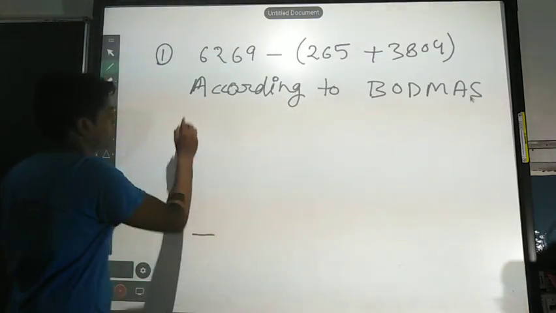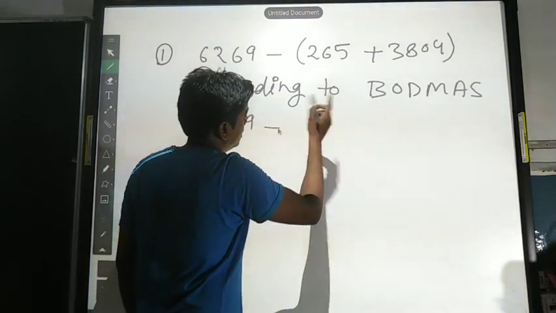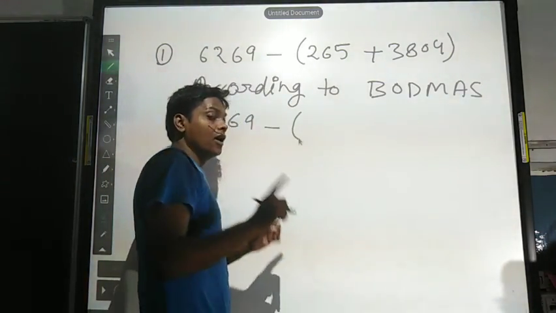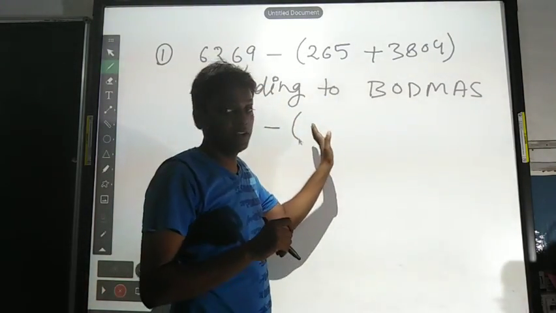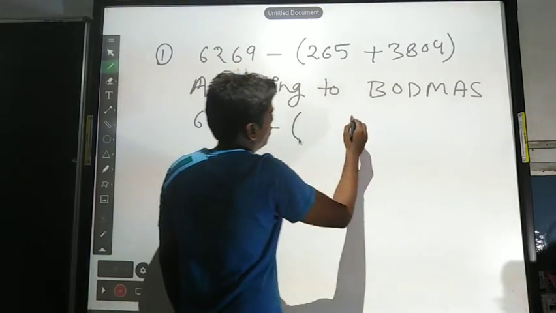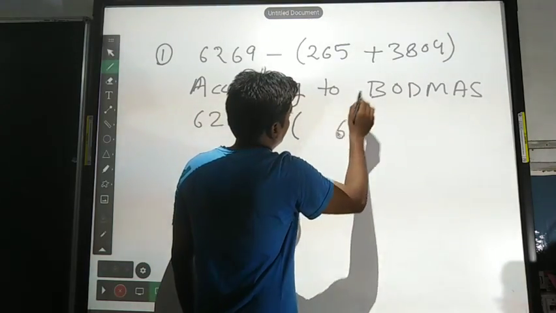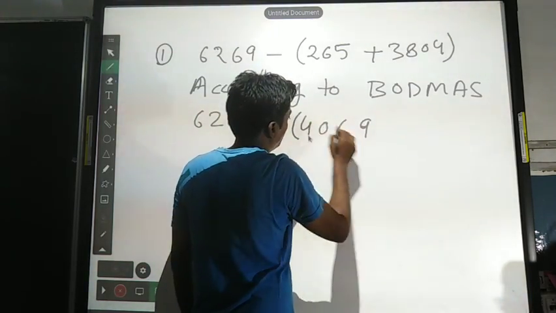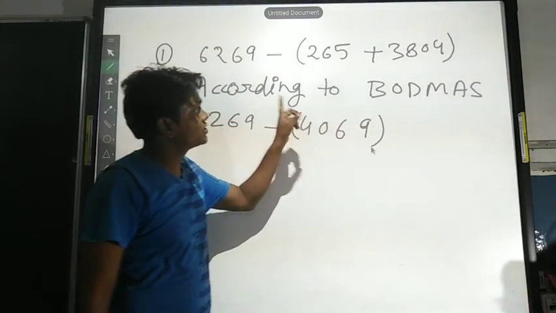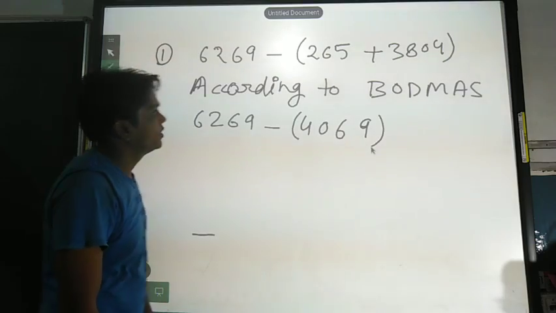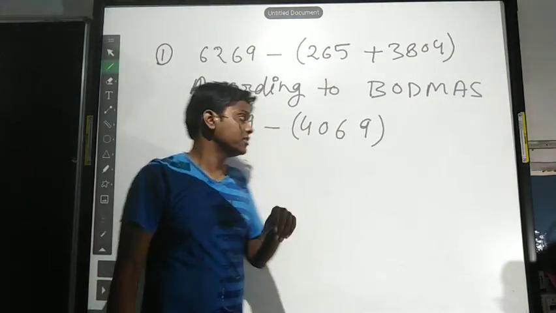So it will become 6269 minus, and you will solve this bracket and write the answer inside the bracket: 265 plus 3804 is 4069. Now we can easily remove this bracket.